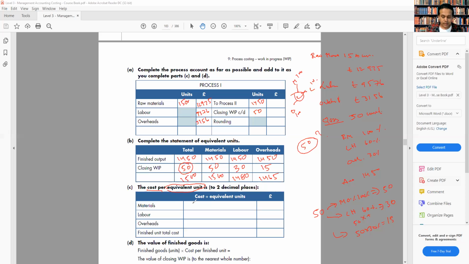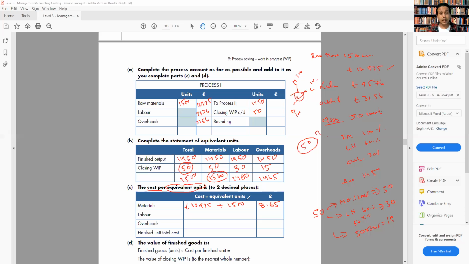For the material, the total cost we have is 12,975. We have to divide by 1500 because material is fully completed. Material has full equivalent units. So cost per equivalent unit, how much will it be? 8.65. Thank you, Tidora.